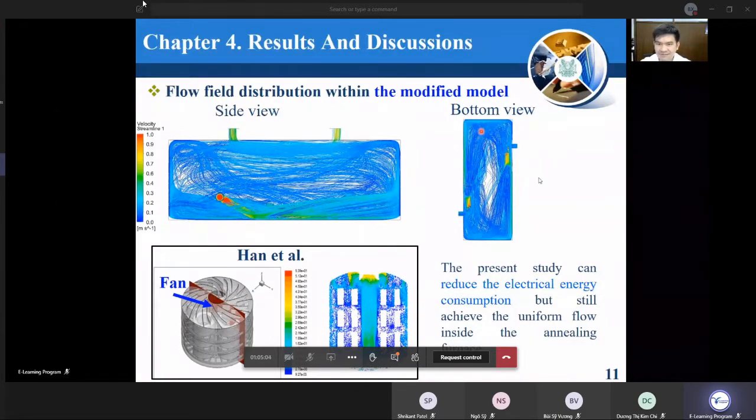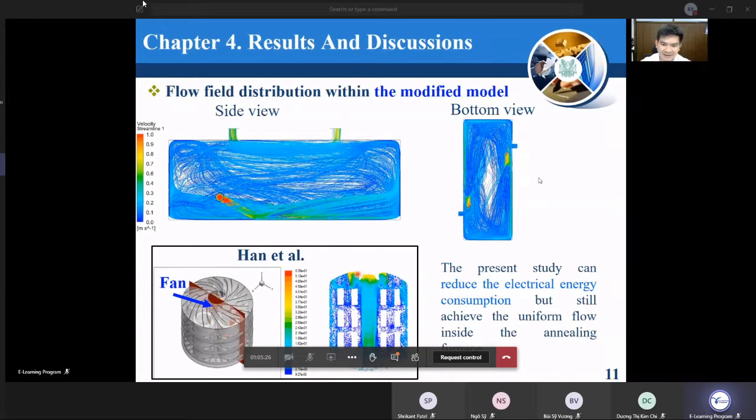We can get much more uniform flow, and then we can compare with the published paper by Han et al. They also made an annealing furnace, but they used a fan at the top of the furnace, and then they could get more uniform flow inside.